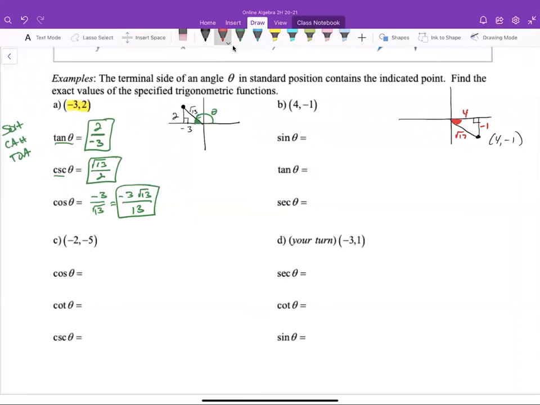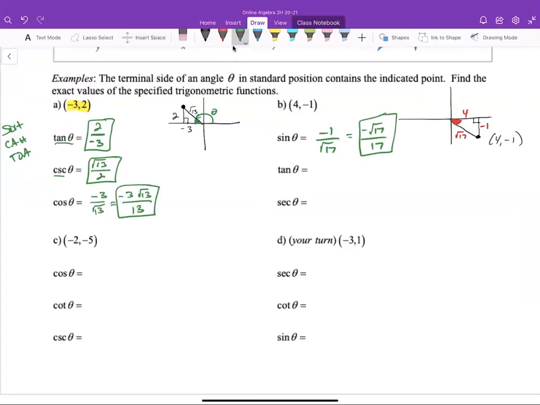And then we can start to evaluate our functions. Sine of theta is opposite over hypotenuse. The opposite of my reference angle is -1. The hypotenuse is square root of 17. And I can multiply both top and bottom by the square root of 17, and I will get the square root of 17 over 17 to get the radical out of the bottom. Tangent is opposite over adjacent.